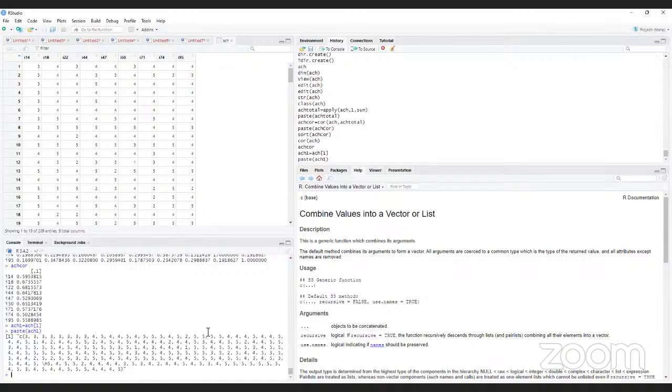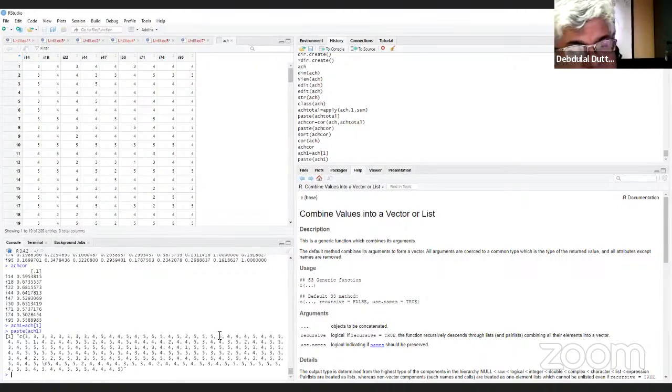Okay. Yes, sir. Now what is important is that we have to test the individual differences in the response pattern. So this is the data that we received.